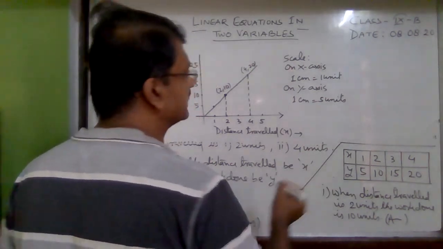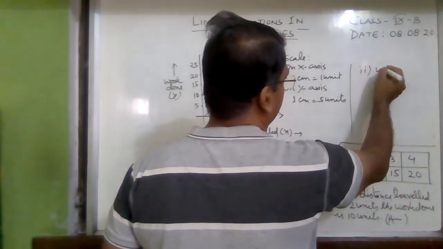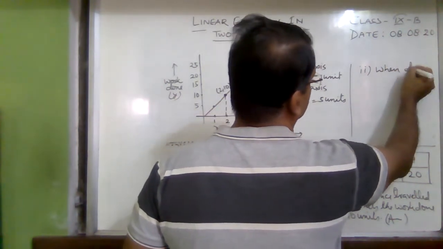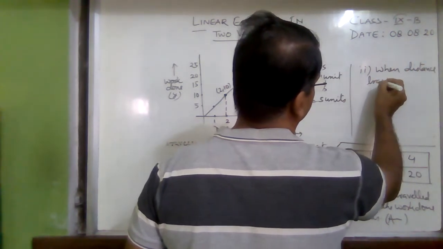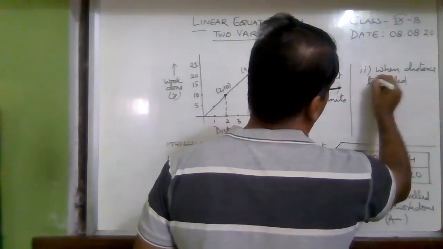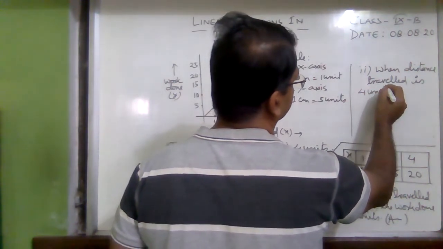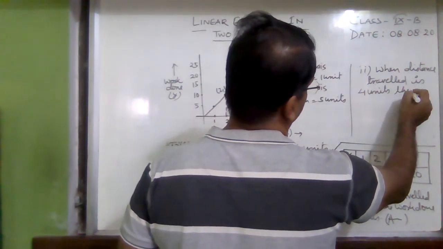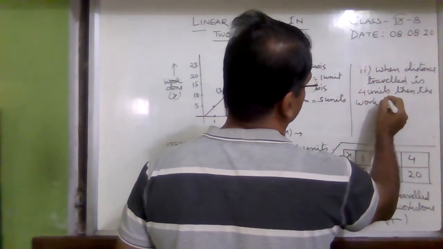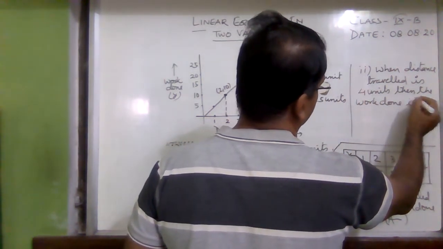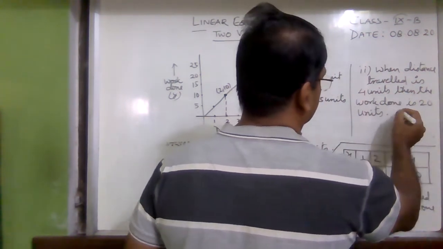And your second answer, when distance traveled is 4 units, then the work done is 20 units.